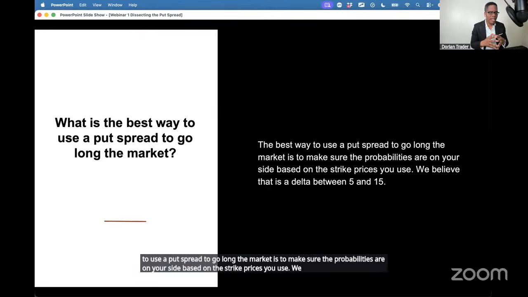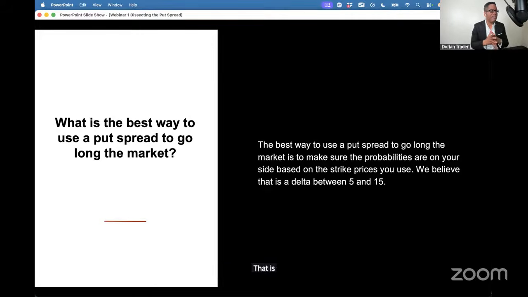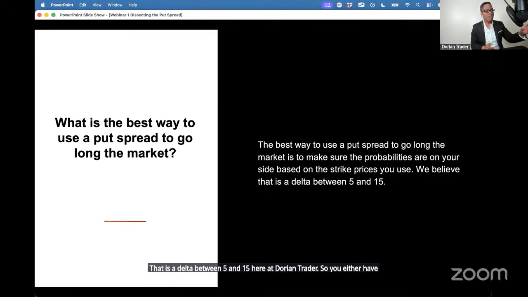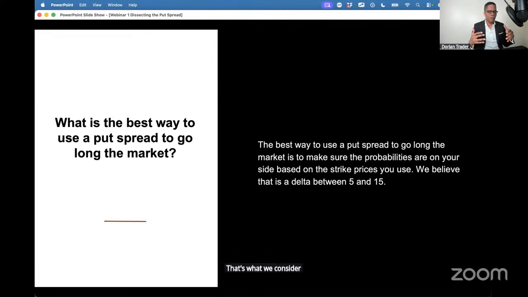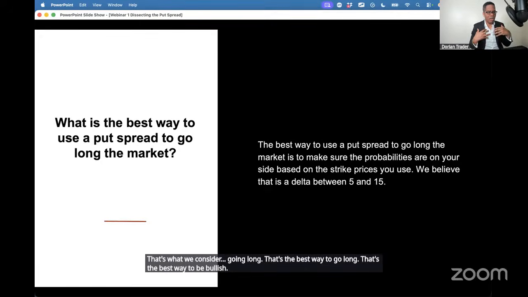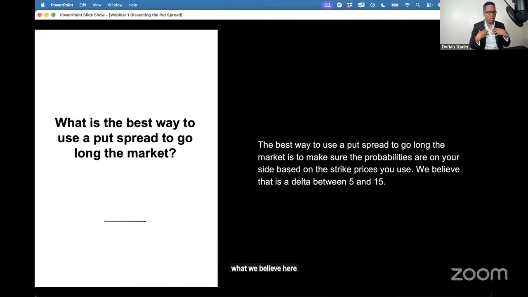We believe that is a delta between 5 and 15 here at Dorian Trader. So you either have a 95% chance or an 85% chance of winning something at expiration. That's what we consider going long. That's the best way to go long. That's the best way to be bullish. What we believe here at Dorian Trader. We'll show that more here in a second.